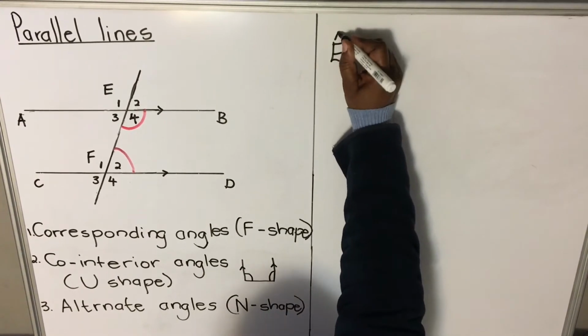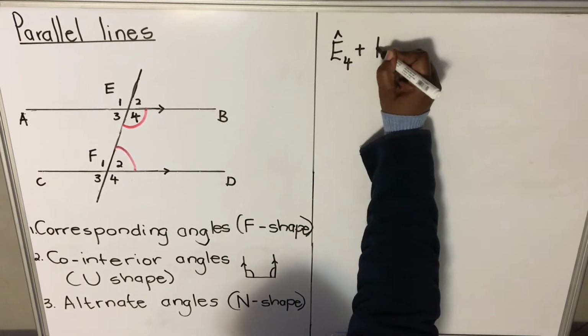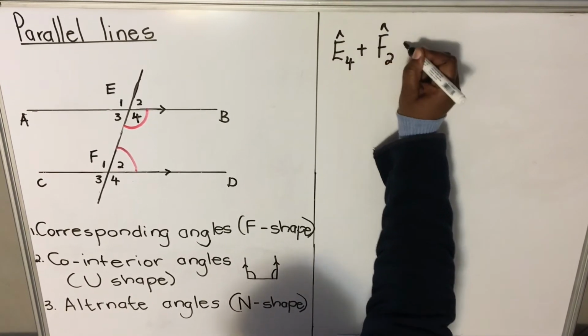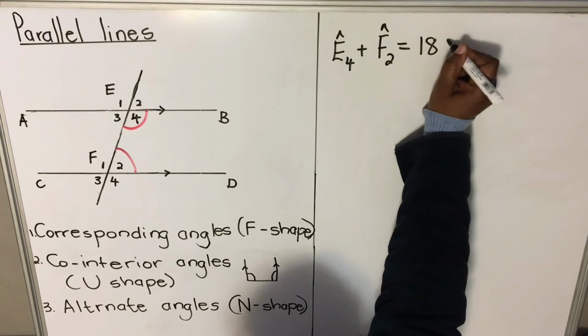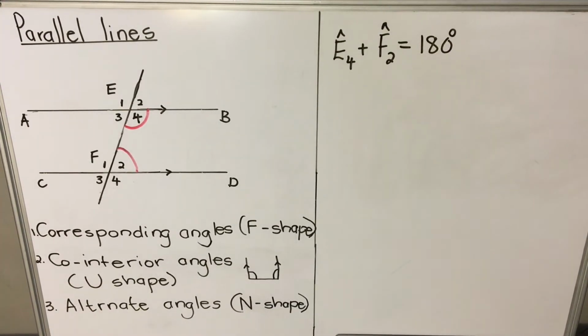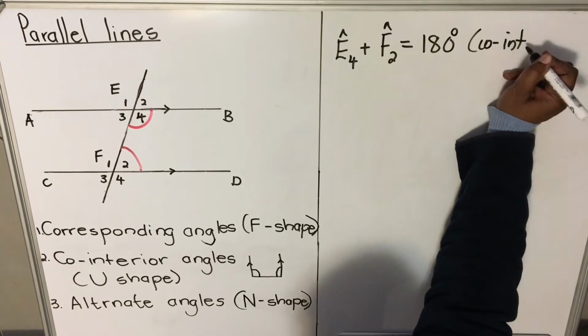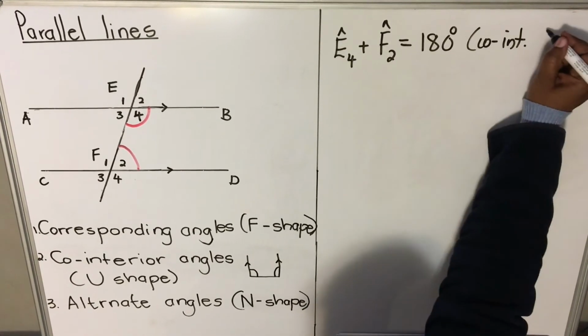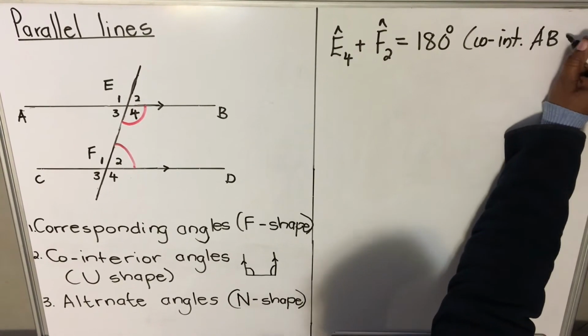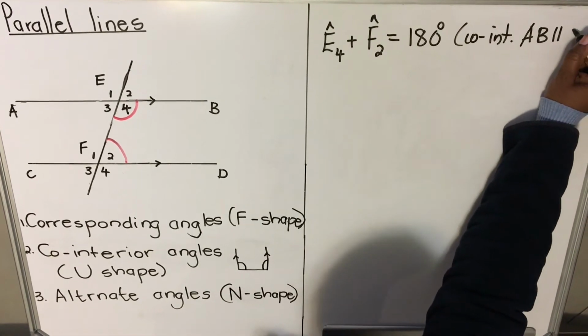E4 plus F2 is supplementary, meaning they add up to 180. And for the reason, co-interior, you have to add the parallel lines as well: AB parallel to CD.